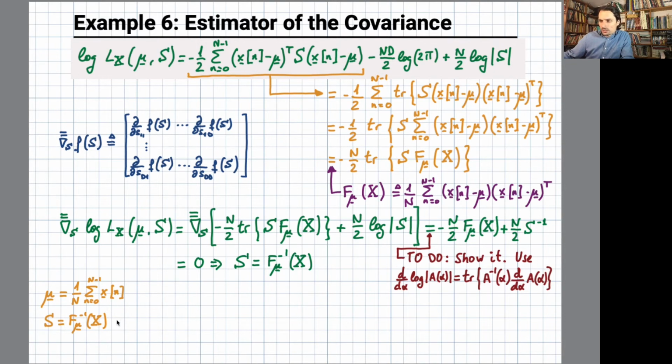So this is a system of equations, and to solve it we just note that the first equation directly provides us with the value of one of the variables, right?